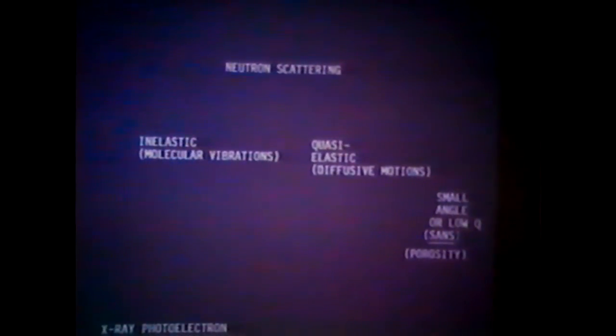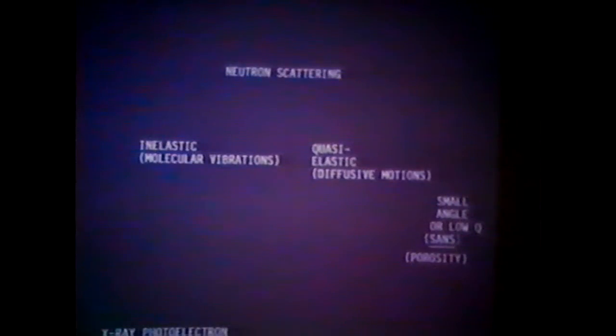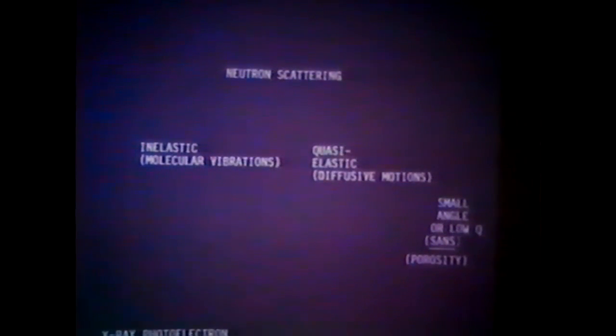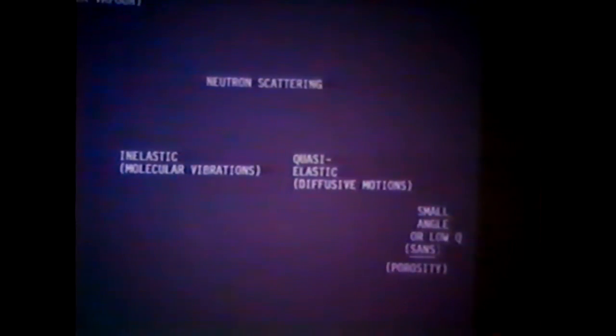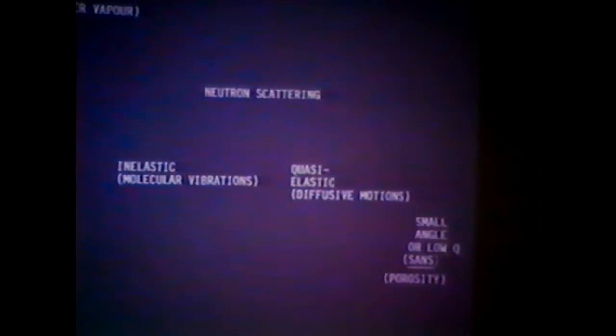We also have XPS, that's almost a traditional method now, and a newer one, the laser-induced ion mass analysis, or LIMA. Those I refer to very briefly, because in fact other people did before us. You'll see that the neutron scattering is divided up into inelastic, which gives us information on molecular vibrations, quasi-elastic, which gives us the diffusive motions, and I'm not going to talk about that.